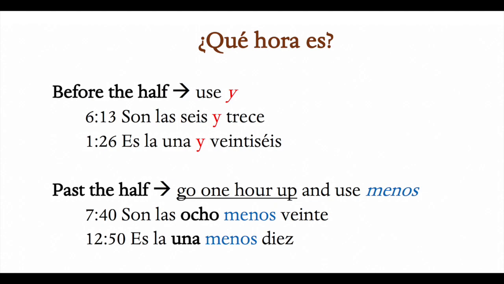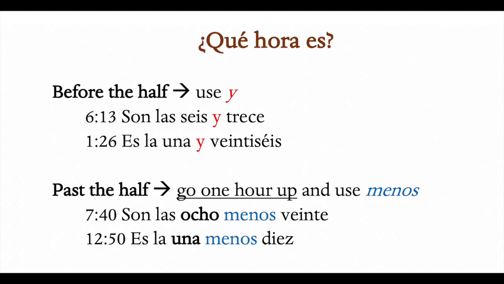But if we go past the half, just like in the case of menos cuarto, then once again we have to go 1 hour up. So 7:40, for example. We go 1 hour up. Instead of 7, we're going to say 8.